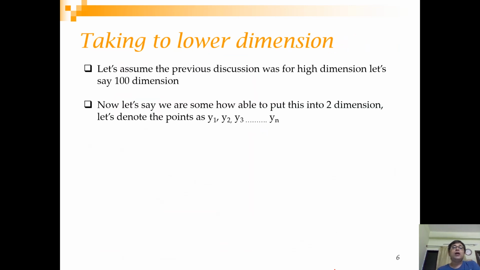All right. Now let's say that we have some magic trick by which, from the original 100 or 1000 dimension plane, we are able to go to a 2 dimension plane. In this two-dimension plane, we represent the points as y1, y2, yn.